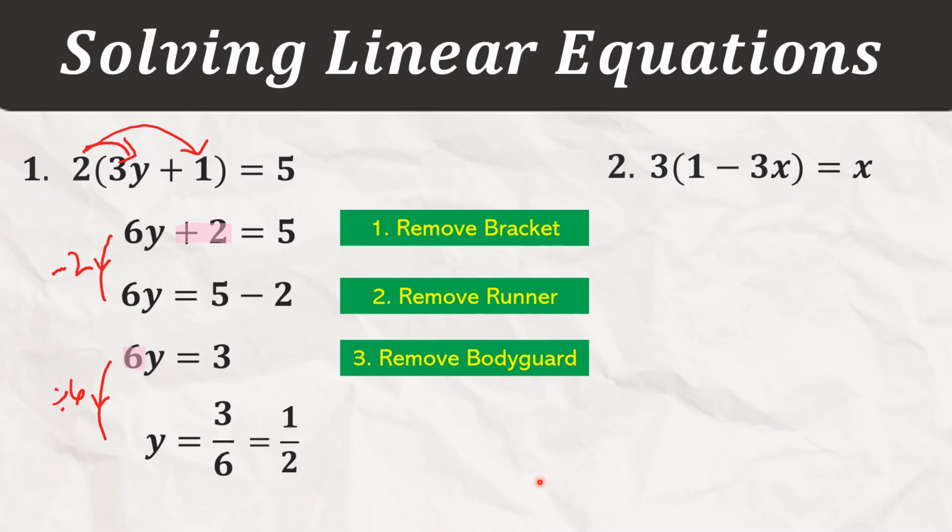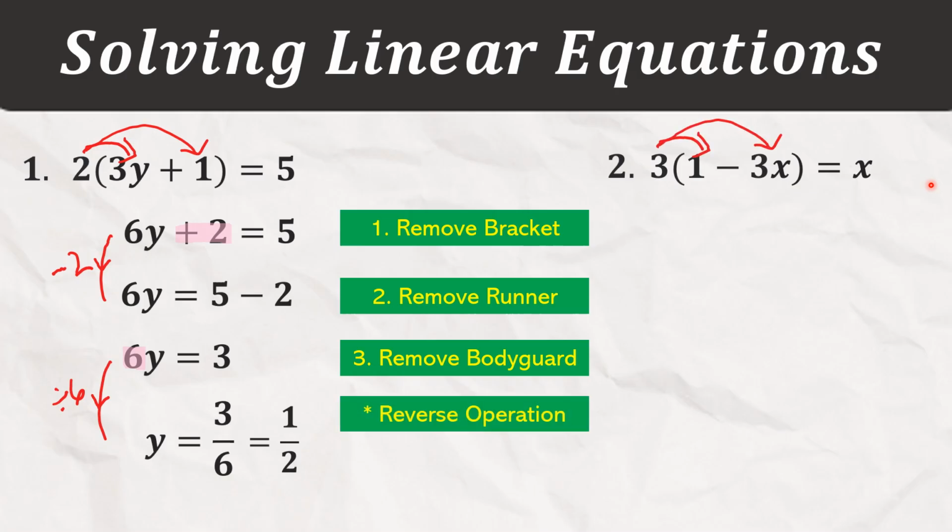Now let's take a look at the second equation. Same as before, the first step is to remove the bracket. So I get 3 minus 9x equals x. Before I apply removing the runner or bodyguard, I need to observe that there are two x here.